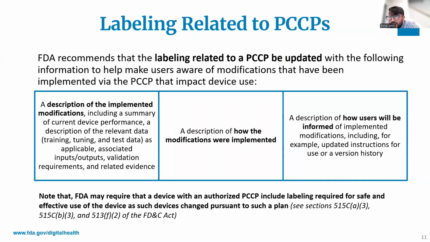It should include a description of how the modifications were implemented, and it should include a description of how users will be informed of implemented modifications. For example, through updated instructions for use or a version history. Ultimately, this is about transparency. Clinicians and patients need to know when the device has been updated and what has been updated to the device.